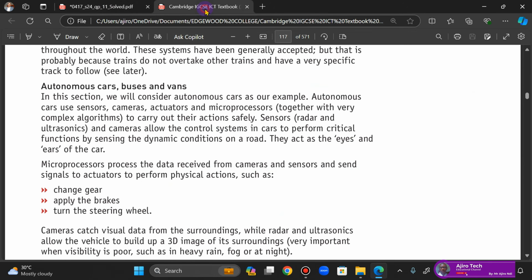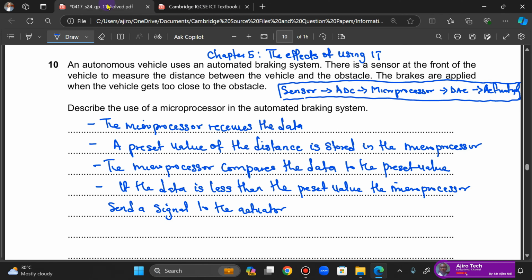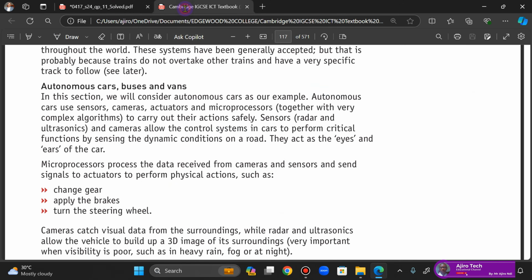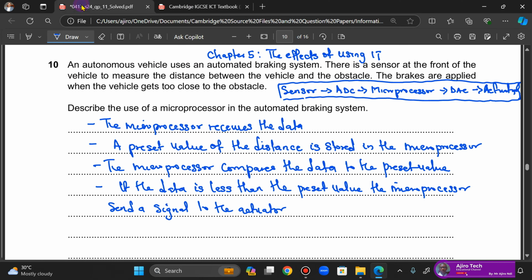Now remember, what is the actuator doing? It's performing physical action like change the gear, apply the brake, turn the steering wheel, stop the car, etc. Okay, send a signal to the actuator. What does it do? In this case, it applies the brake.